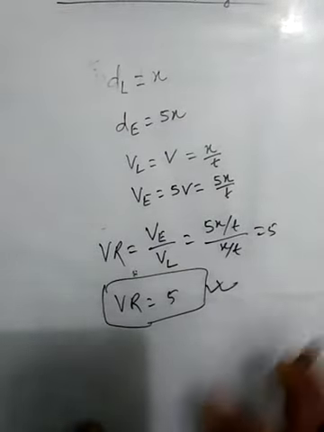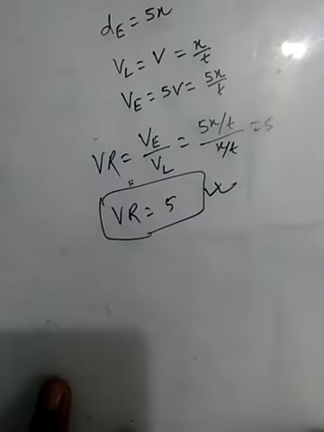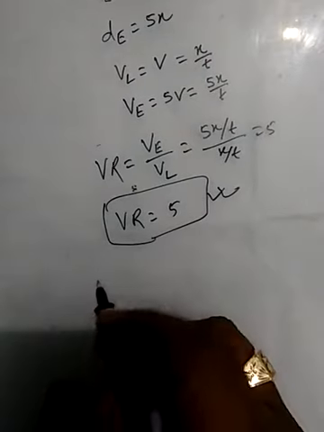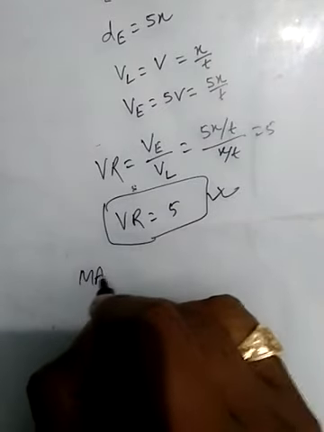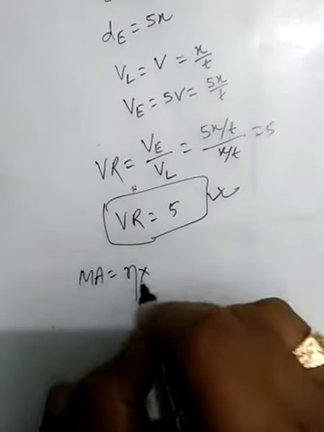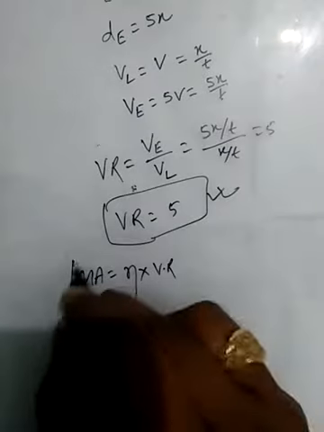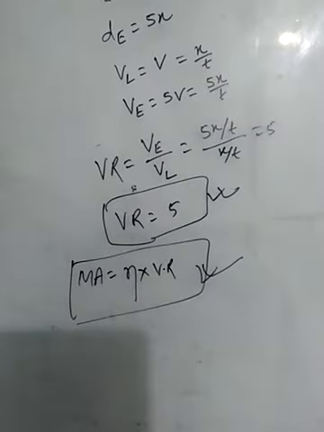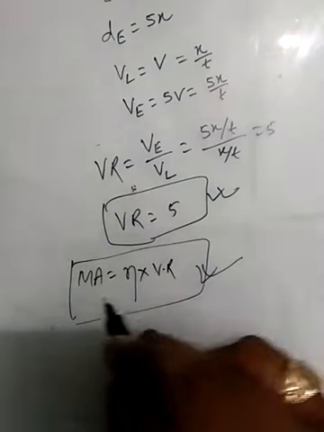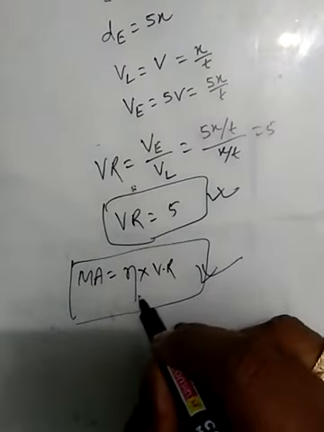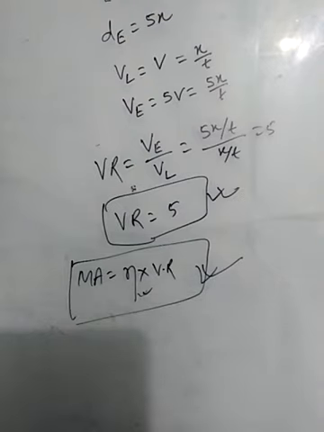This is constant for this condition, and the general formula is mechanical advantage is equal to efficiency into velocity ratio. Then in various conditions we have to find out the mechanical advantage for different efficiencies.